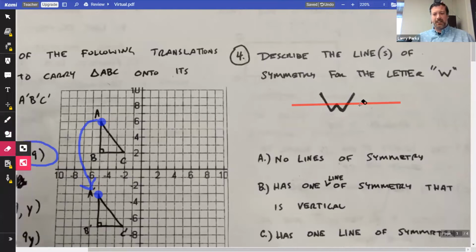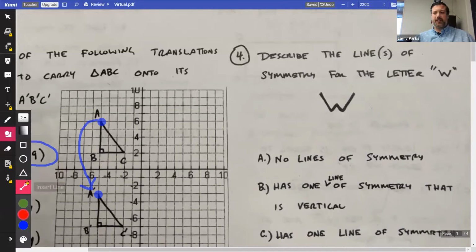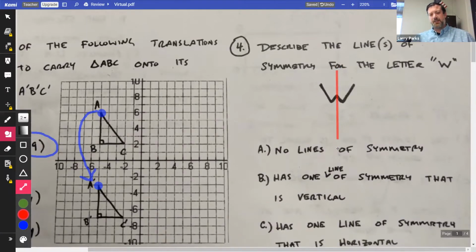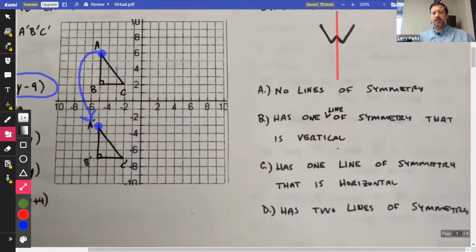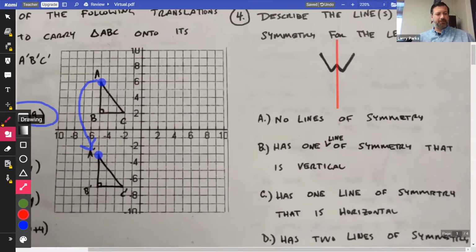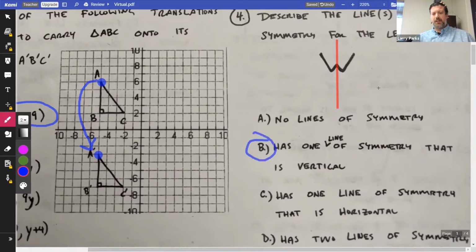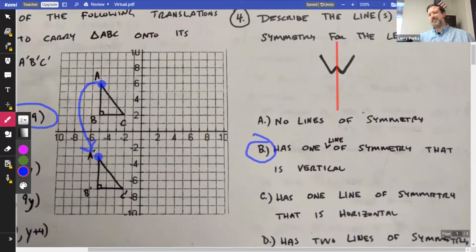And I believe the only way to get a line of symmetry, get the same thing on both sides, would be right down the middle. So if you were to flip that over that way, you would get the W back. So I would say it has one line of symmetry that's vertical. We call this vertical. Okay, if it had been horizontal, it would be this way. And I don't think it has two lines of symmetry, just one.